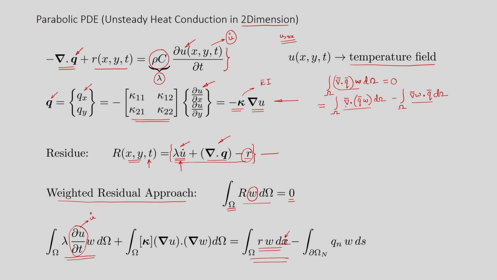Then this first term is basically the divergence of this vector field, q is a vector, w is a scalar function. So, this divergence of this vector field integrated over the domain, that we can write using the Gauss divergence theorem as the normal component of the vector field into ds integrated over the boundary of the domain, minus this part remains as it is, or we can write del w dot q, and what is q? q is minus kappa into gradient of u.